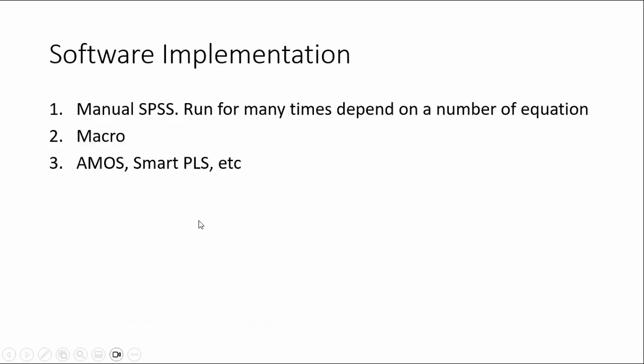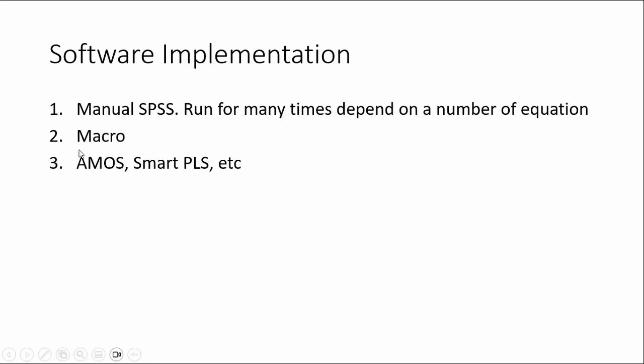And how do we calculate the indirect effect? We have three software implementations. The first is to use manual SPSS, but in this way we might have to run it many times depending on the number of equations.